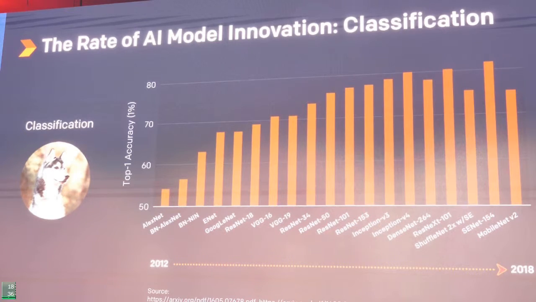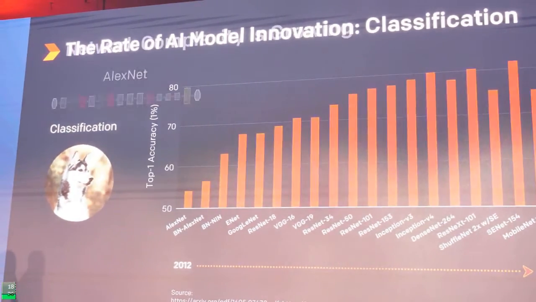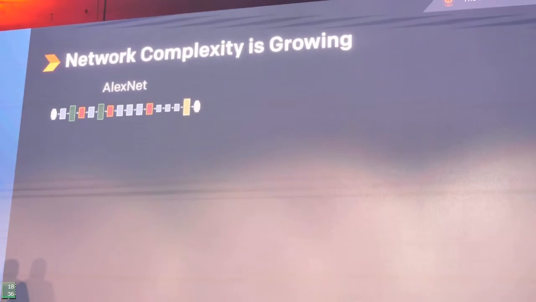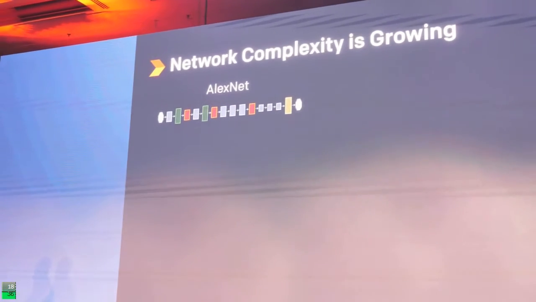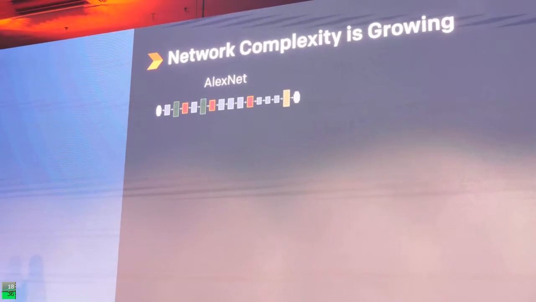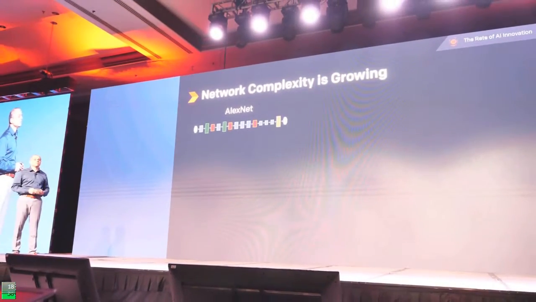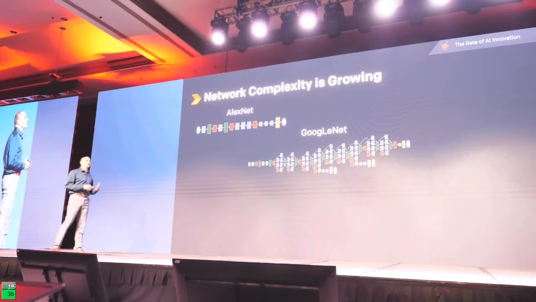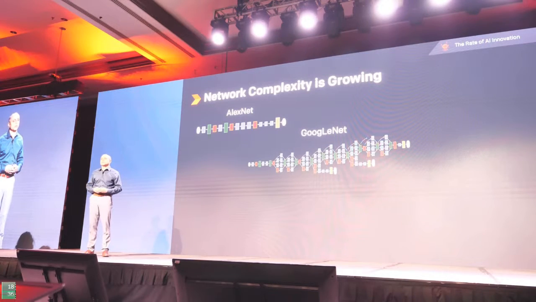Now let's take a look at the structure of these AI models. If you look at the structure of these AI models, they started with very simple feed-forward networks where convolutional layers talk to the next layer. Very simple, AlexNet. Now we moved on to more complex networks where there are many convergences and divergences, such as GoogleNet.